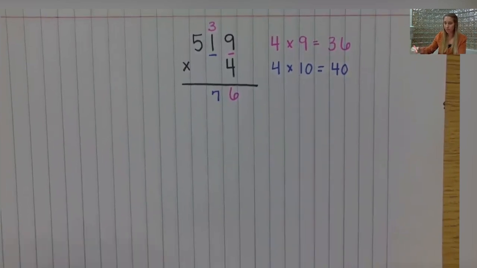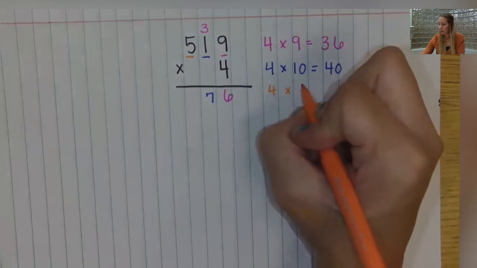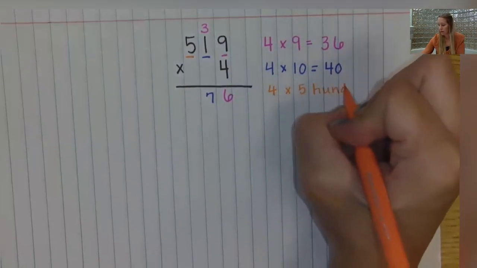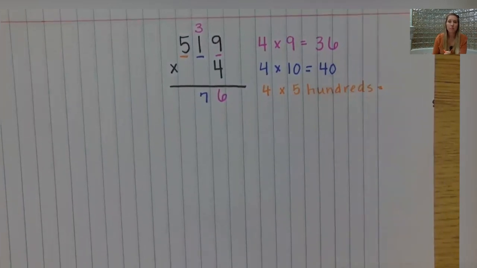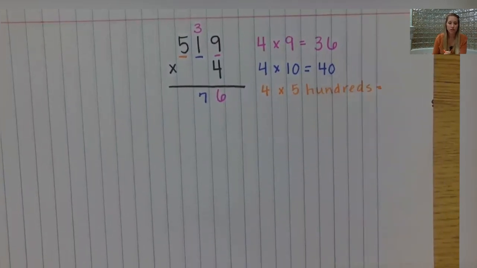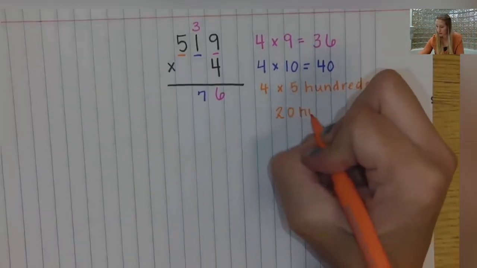The 4 has to go to the hundreds place. And so what is 4 times 5 hundreds? 4 times 5 hundreds is 20 hundreds.